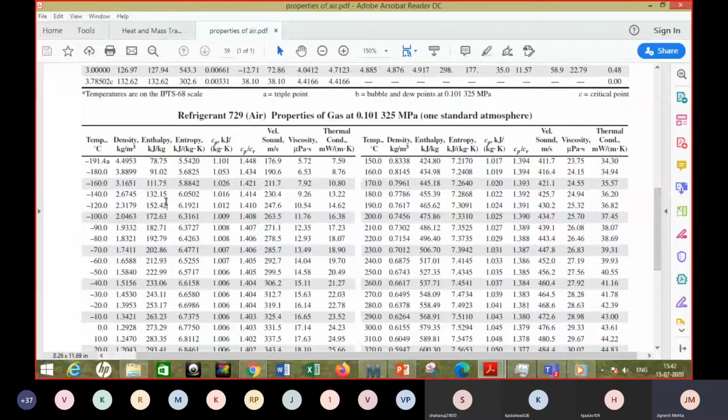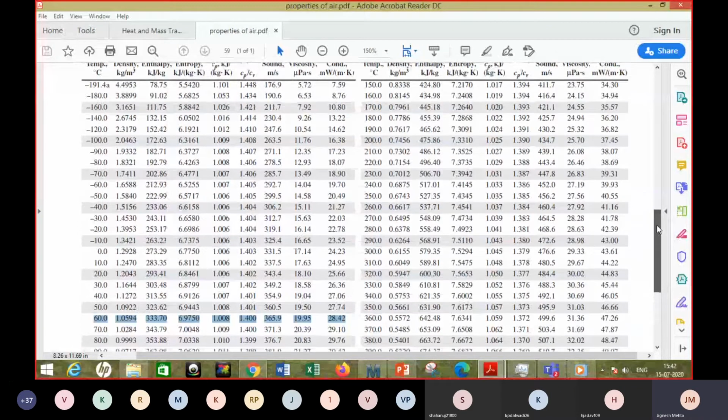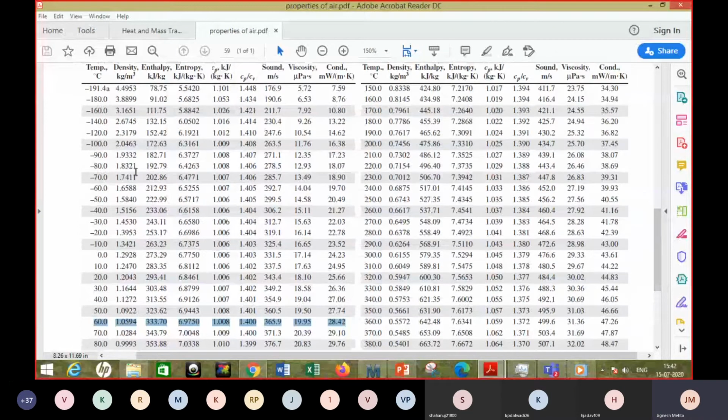You are talking about 60 degrees Celsius temperature, so you will refer to this row. The density you can read as 1.0594. You don't need enthalpy or entropy. If you need Cp, then it is 1.008. The ratio is given, then the sound velocity, etc.